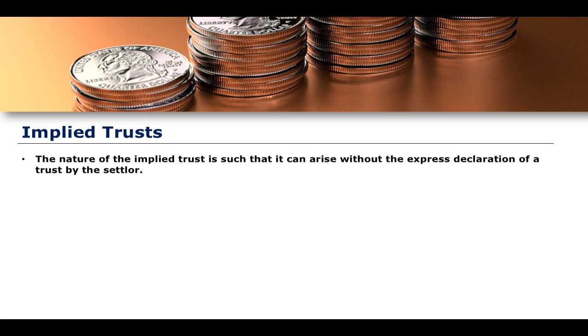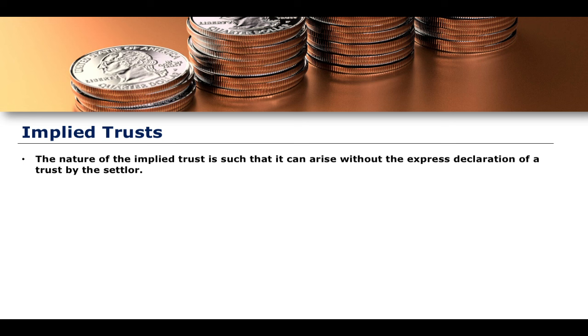So, the nature of an implied trust, as the name probably suggests, is that it is a type of trust which can arise without the express declaration of a trust by a settlor. Whereas previously we've been talking about the express trust, where the settlor makes a decision: I'm going to put some property on trust.